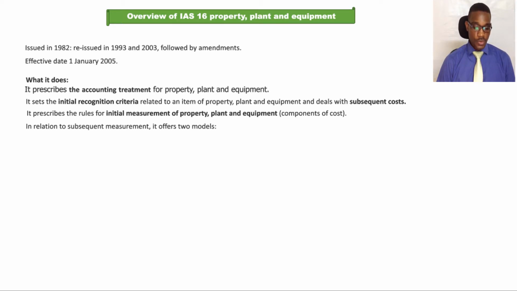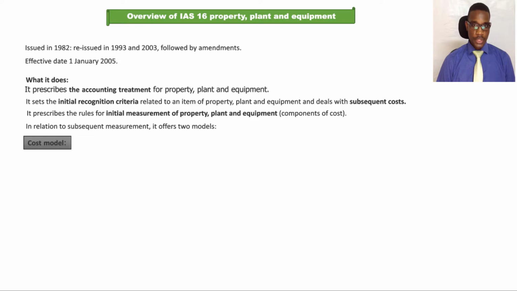In relation to subsequent measurement, IAS 16 provides two options. The entity has to select only one of these two options and stick to the model which the entity selected.